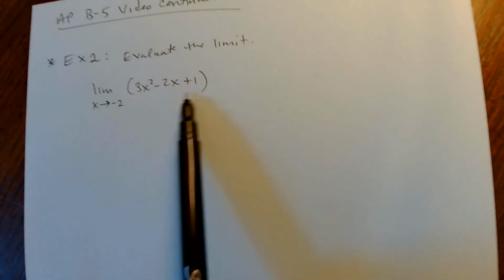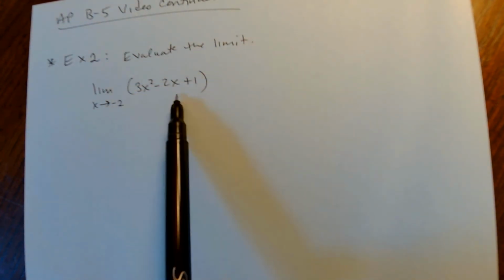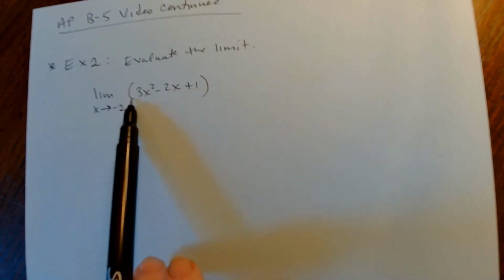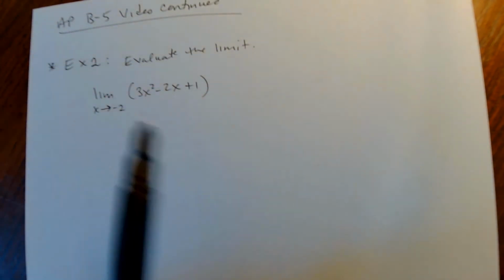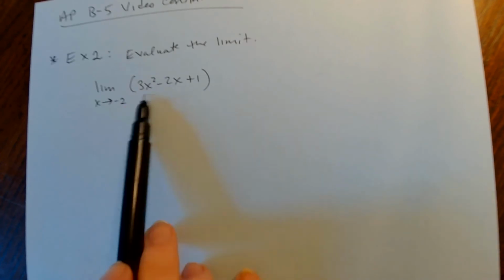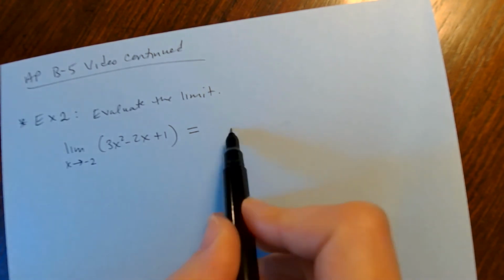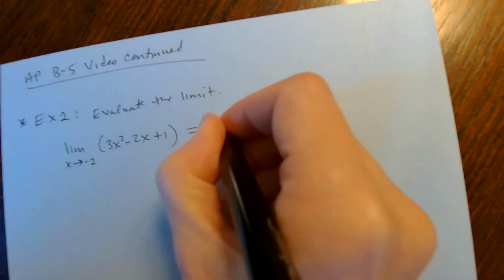And this function here, guys, this is a quadratic. That's a continuous function. If you think of its graph, it's a continuous curve. There's no breaks. You don't have to lift your pencil up to draw it. So this is a continuous function here. So we could just plug negative 2 in for x, and that's going to give us the answer. So I'm not going to write limit here anymore because I'm direct substituting.